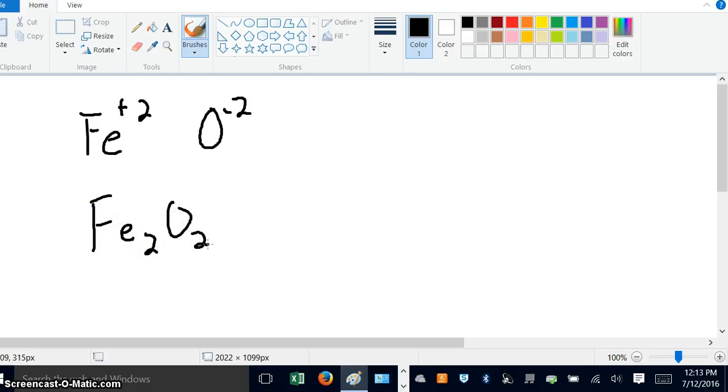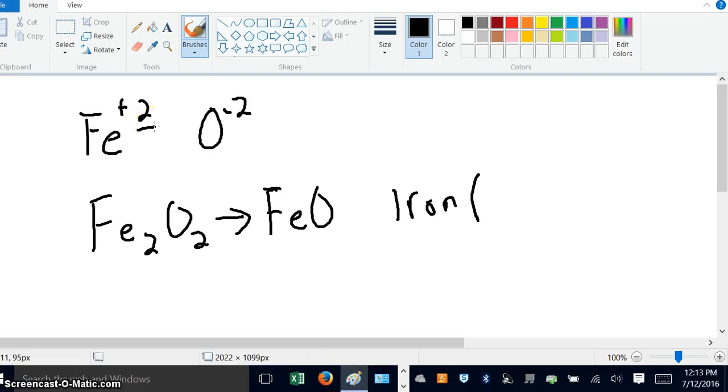Fe2O2. And of course we have to reduce that to the least common factor. So this becomes FeO. But now here's how you write that, okay? So it would be iron, and then you put parentheses, and you use Roman numerals for what the charge of the iron is, okay?